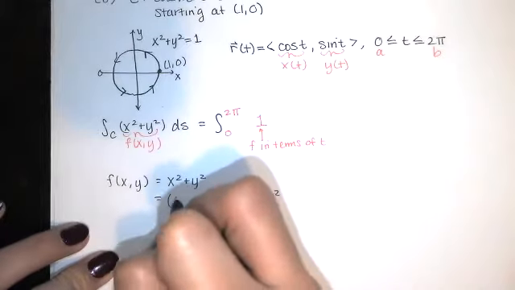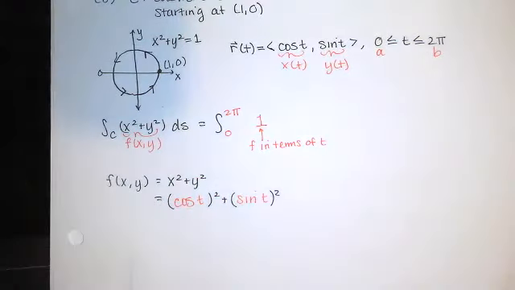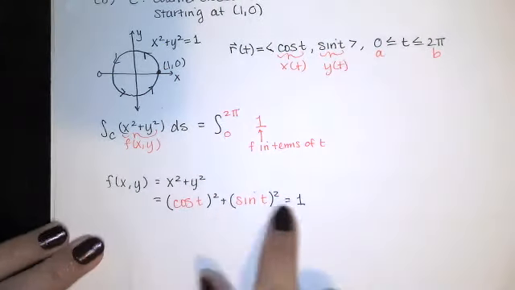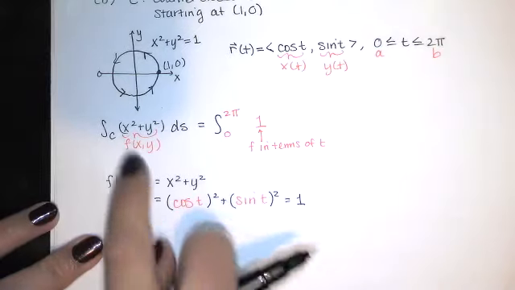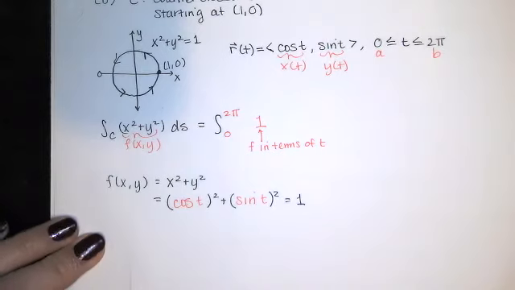In this case, x is cosine of t and y is sine of t. And we know if we square those and add them, we get 1. So we get the same thing using the parametric equations as we do when we use the equation of the path that was given to us.